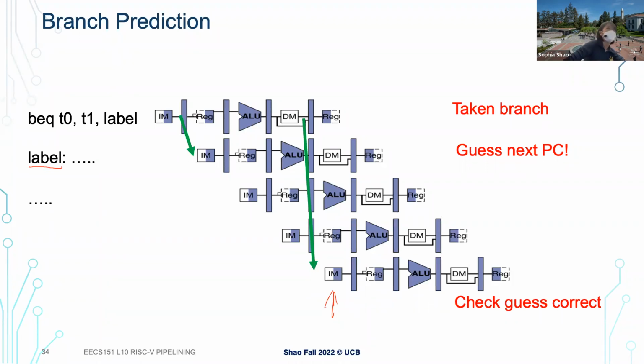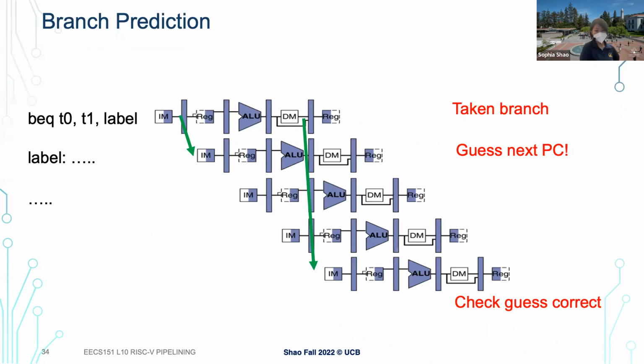We only need to flush our pipeline if we make a wrong prediction here. So that's the control hazard: making sure we're executing the right instruction based on our data path. Any questions, comments? A lot of hazards in this discussion. Raj asks: if we get it incorrectly, how do we go back?